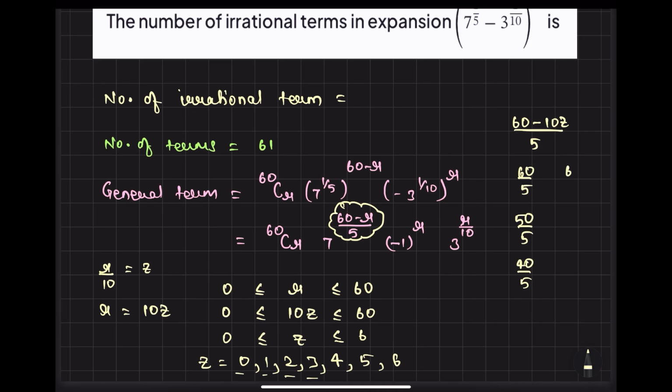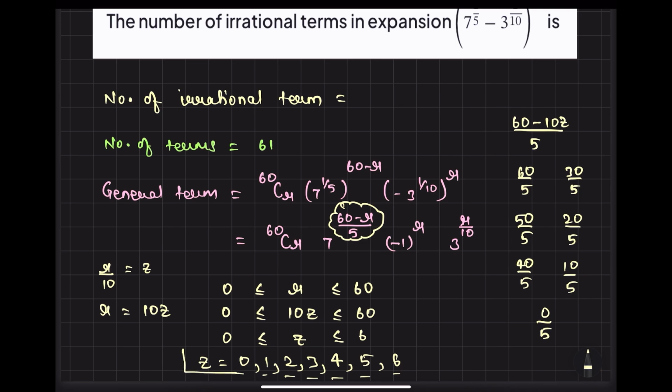Now 3: 60 minus 30 will become 30 by 5, which is an integer. 4: 20 by 5, integer, pass. Now 5: 60 minus 50 is 10 by 5, which is an integer. Now 6: 60 minus 60, 0, and 0 by 5 is an integer.